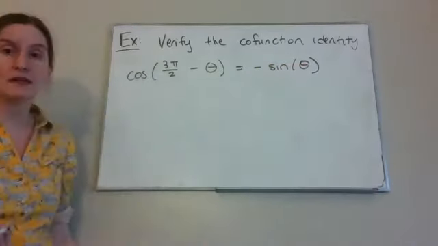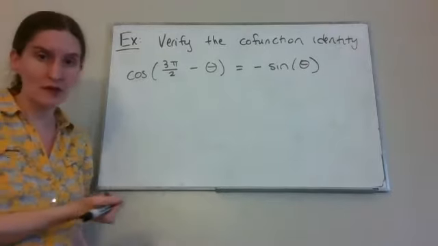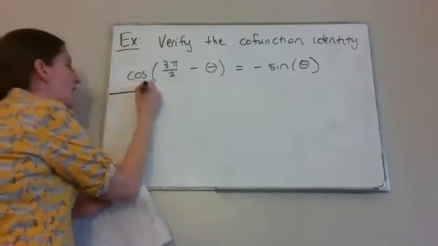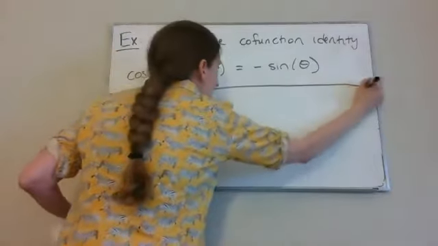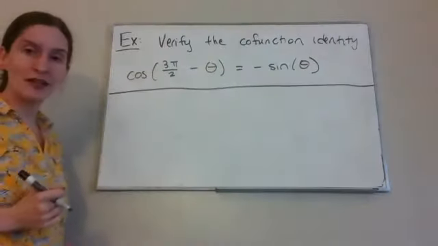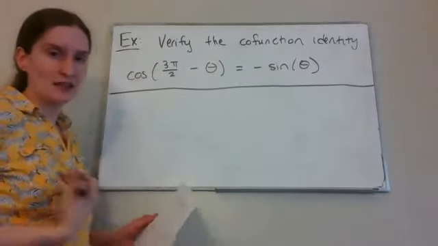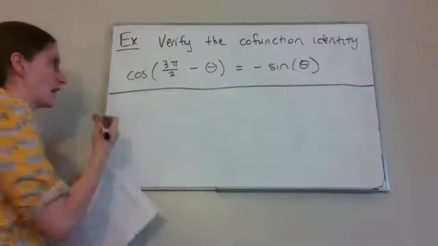And we're going to use our sum or difference formulas to prove this. Just like we did in the last video when we were proving different identities, I'm going to start with the left-hand side and manipulate it to see if I can get the right-hand side.